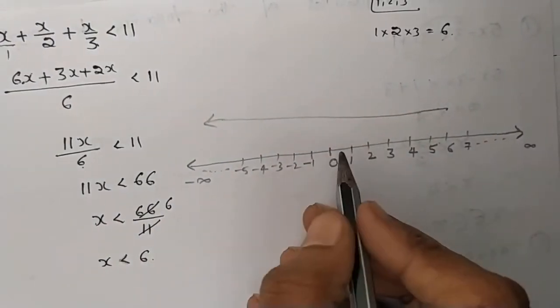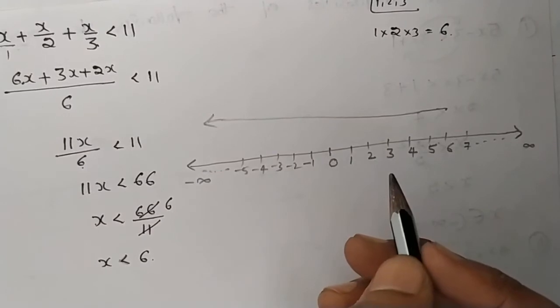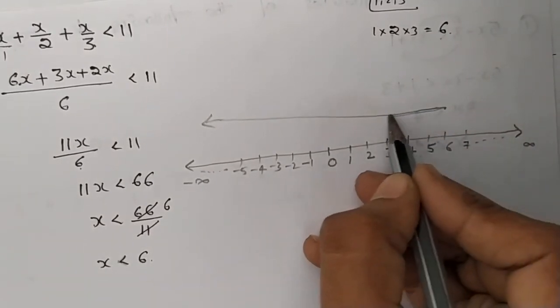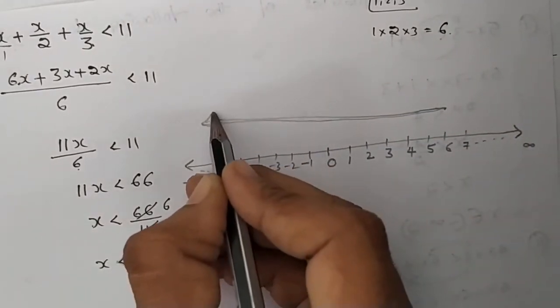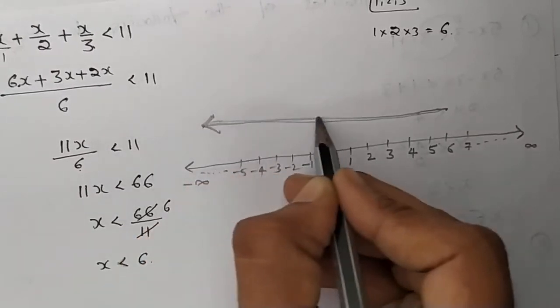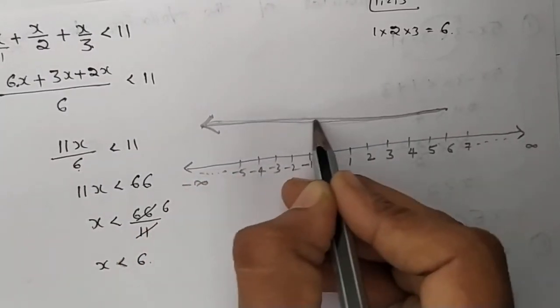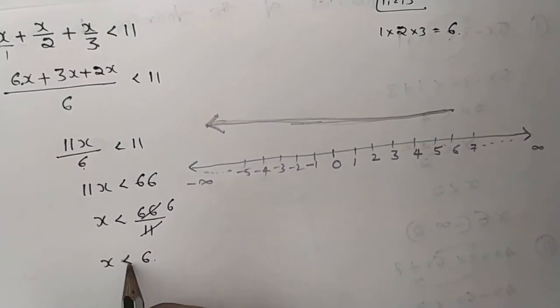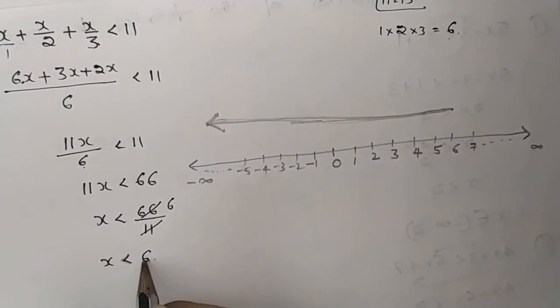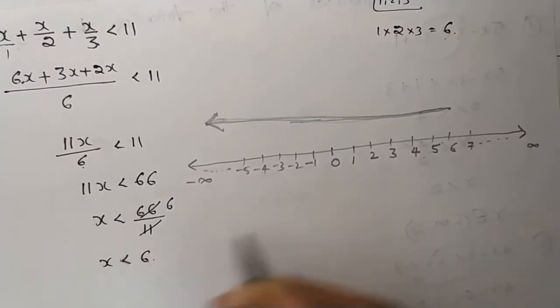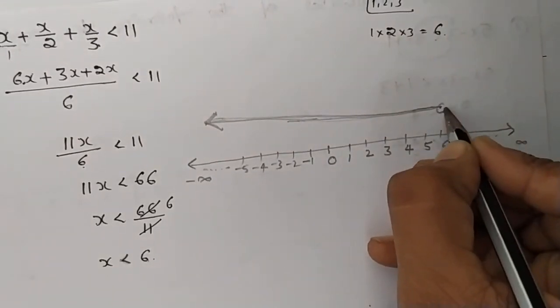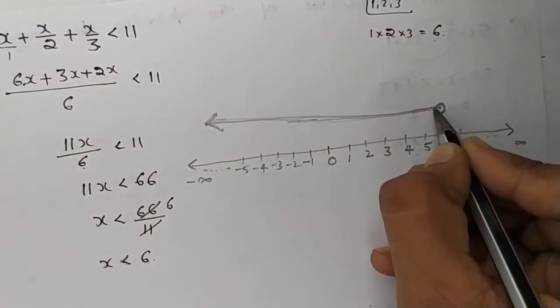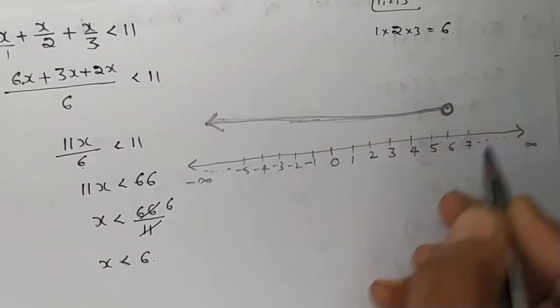For showing this line, you just use a scale. It should be very strict. This symbol, less than, means excluding 6, so it will be the excluded symbol.